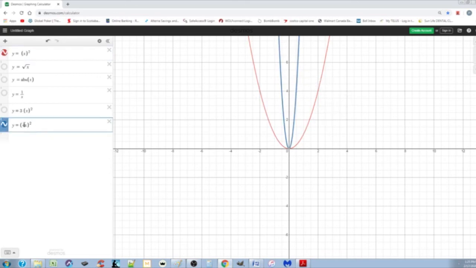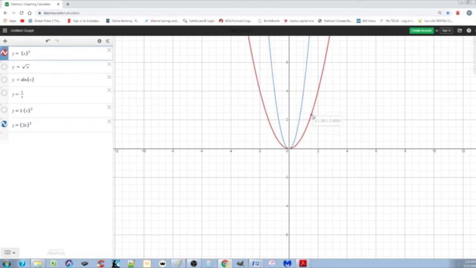What if I put a 2 in there? Well, all my x values should be halved. Sure enough, here's my x value right there of 2 comma 4, and it's now 1 comma 4. It got halved. My y stayed the same. My x's all got halved. Here I've got an x value of 2.5 comma 6, and it became 1.25 comma 6, half of it.